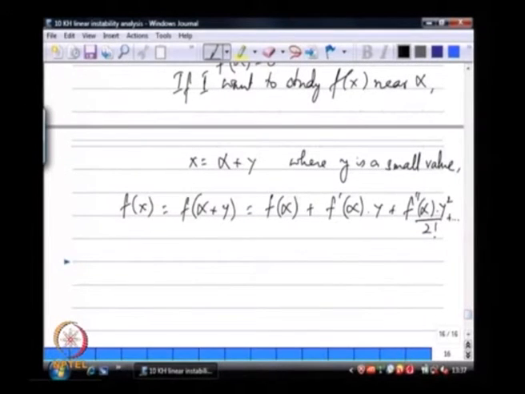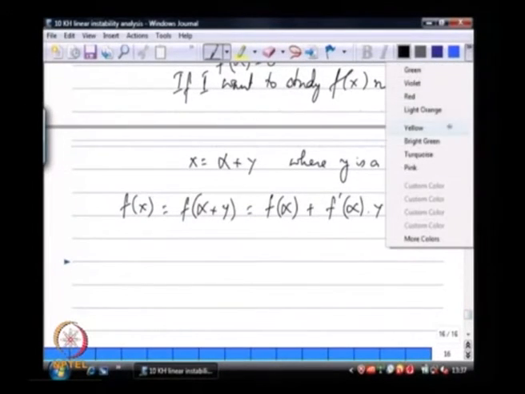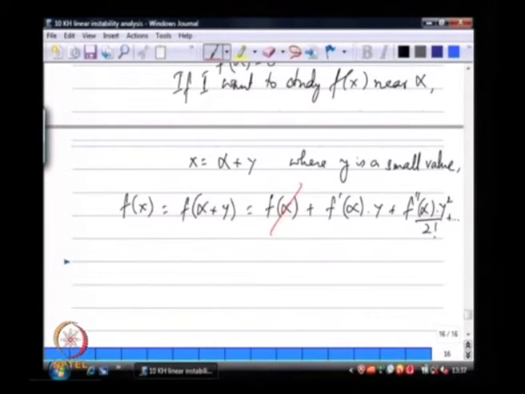Okay. So, since f of alpha is 0, because alpha is a root, this is basically where we are saying the mean field satisfies the governing equations.